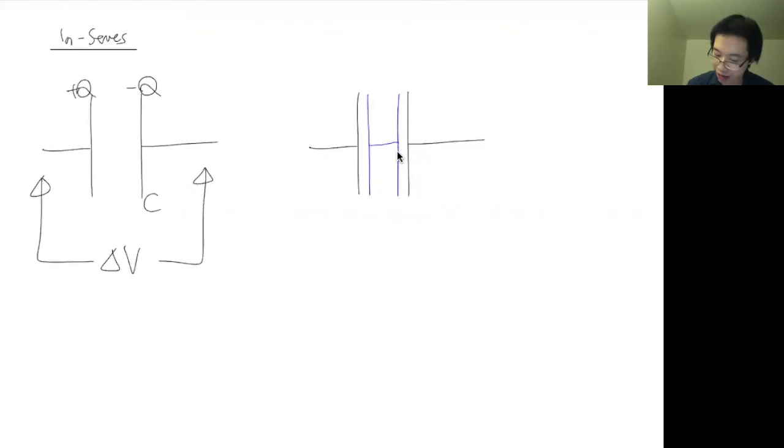All right, what's going to happen? So originally I have plus Q over here. But you see now I've suddenly made two capacitors out of one. I made two capacitors in series like this.